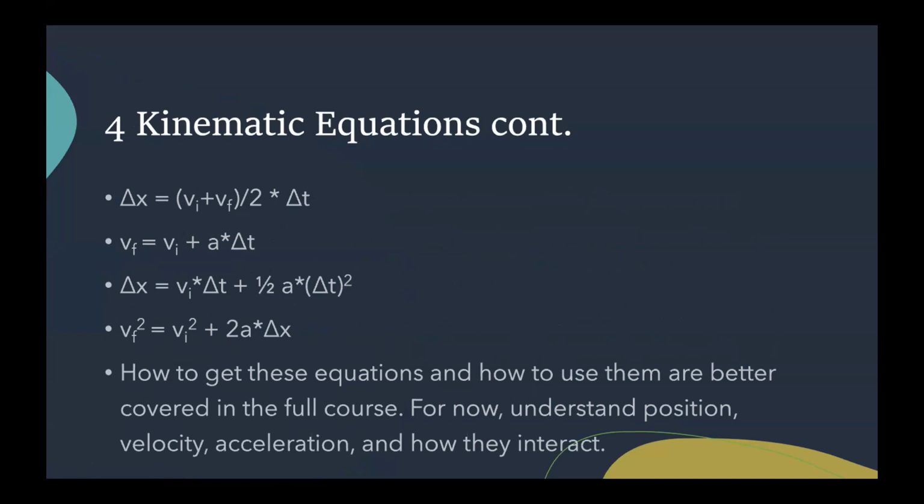The main thing to know about these equations for now is just vaguely how these quantities of position, velocity, and acceleration interact with each other. One of the big things people can get confused about in physics is not knowing the basics well enough, and then getting confused as the course gets into more complicated things.